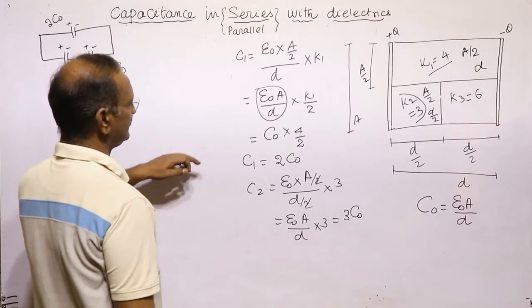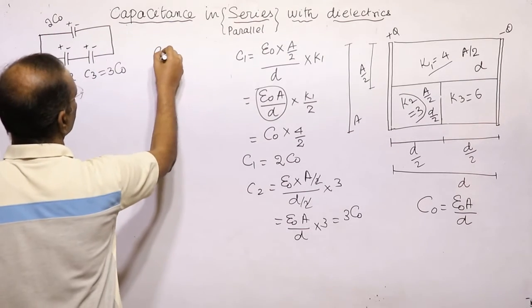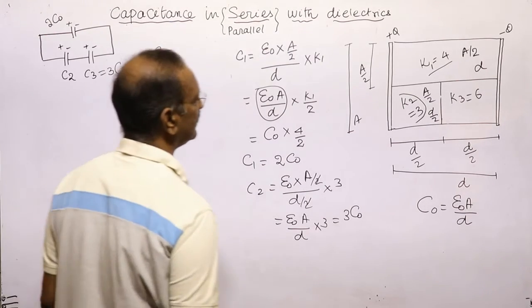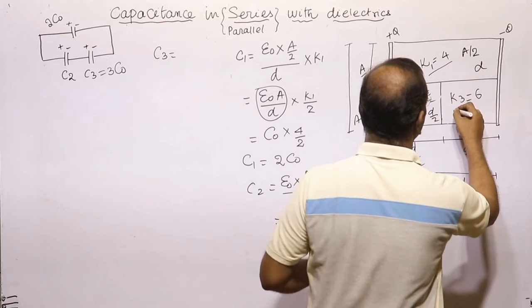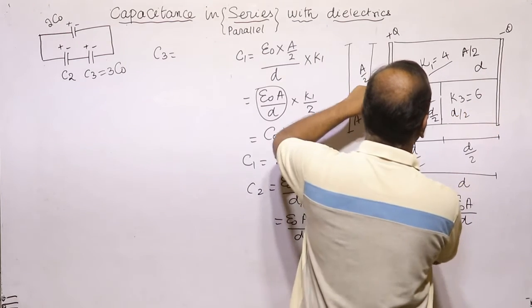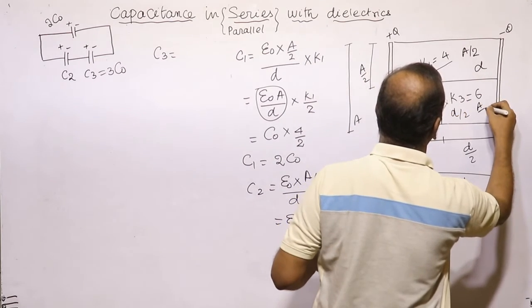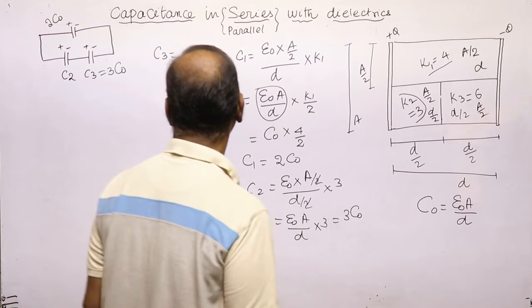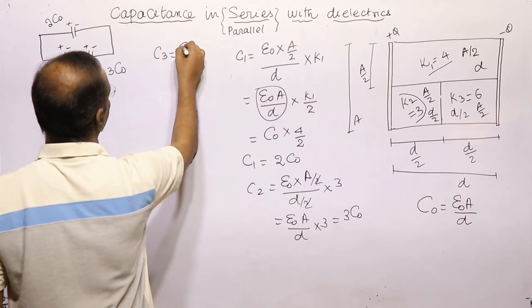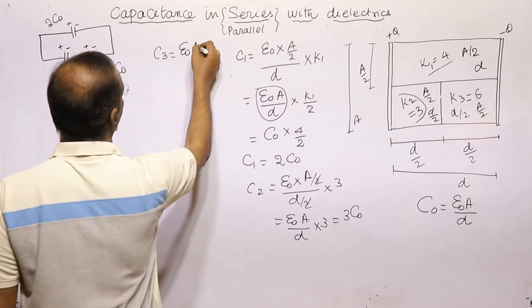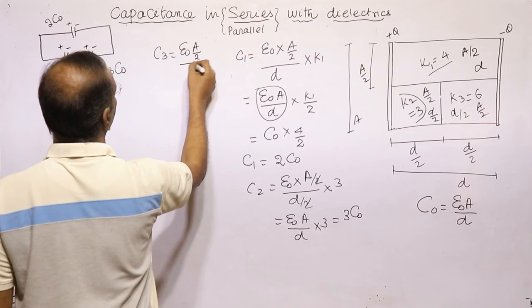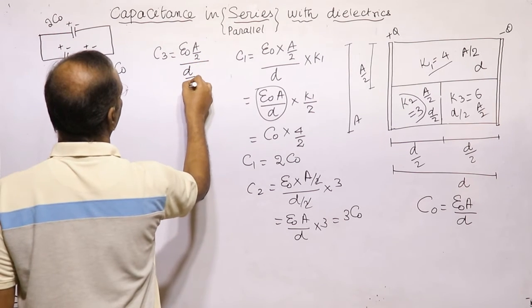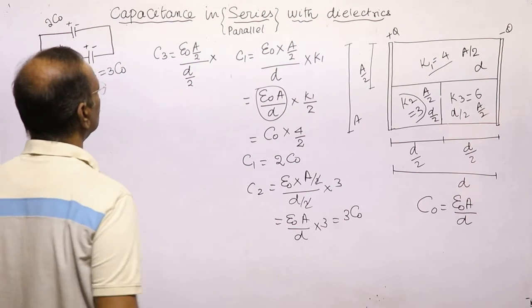How about C3? C3 is occupying half the distance, that is D by 2, and half the area, that is A by 2. It will also come the same. C3 is equal to epsilon naught into A by 2 divided by D by 2 into K3.